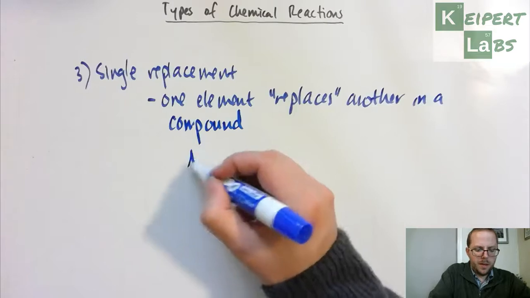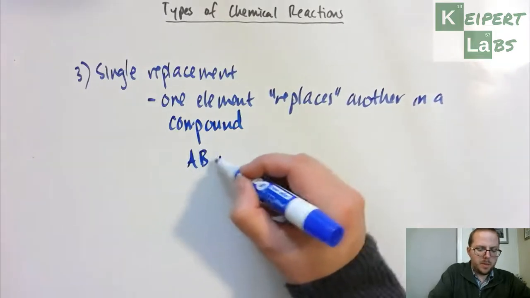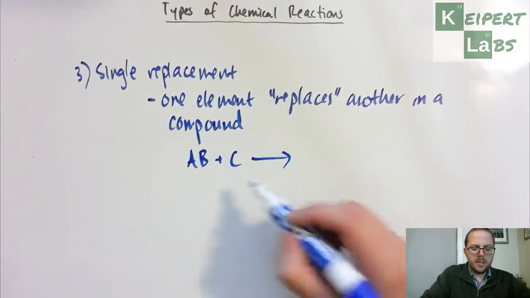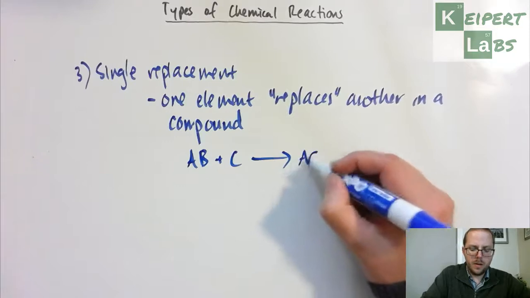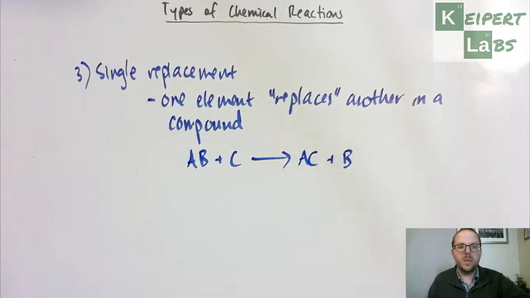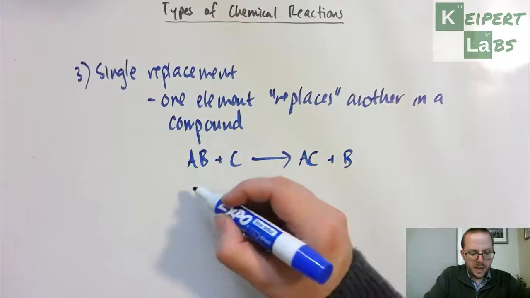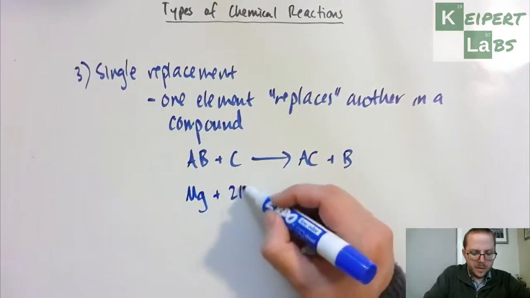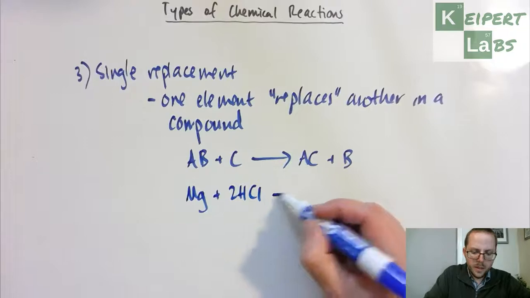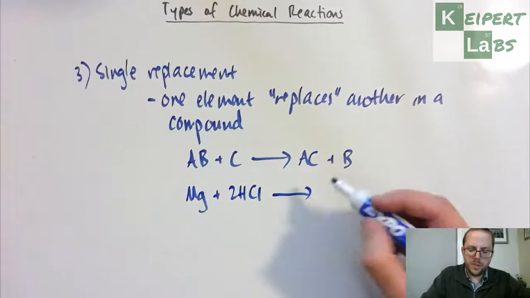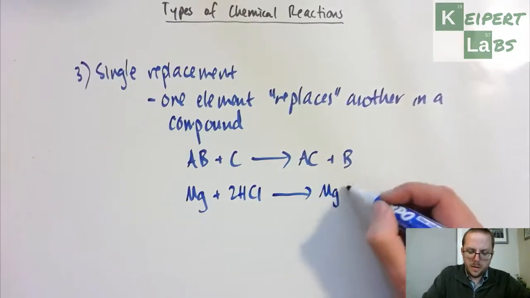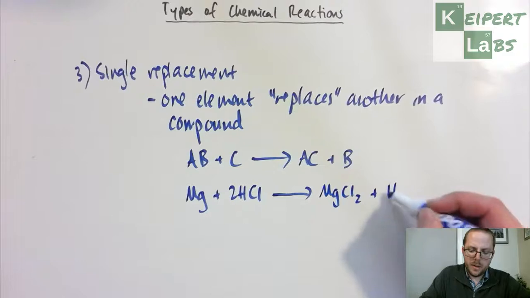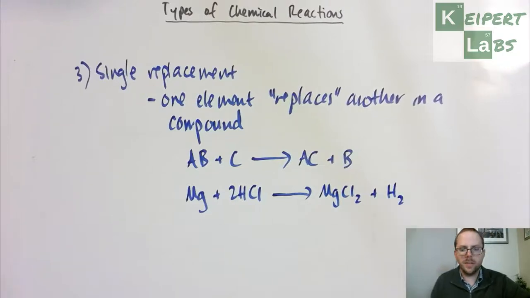So if we had AB plus C, that's C replacing B in this compound, that would be the general example. If we had magnesium and hydrochloric acid, the magnesium replaces the hydrogen to give us magnesium chloride, and we get hydrogen gas over here.